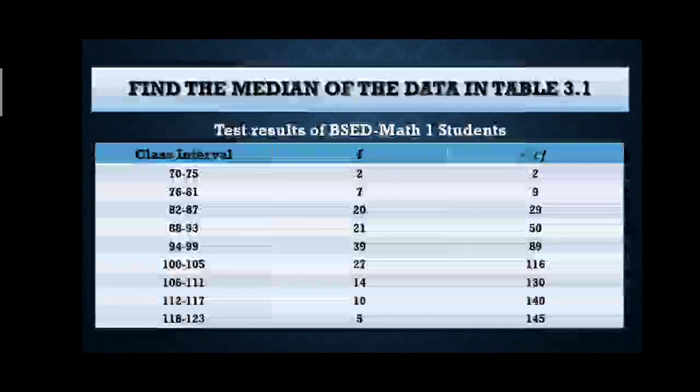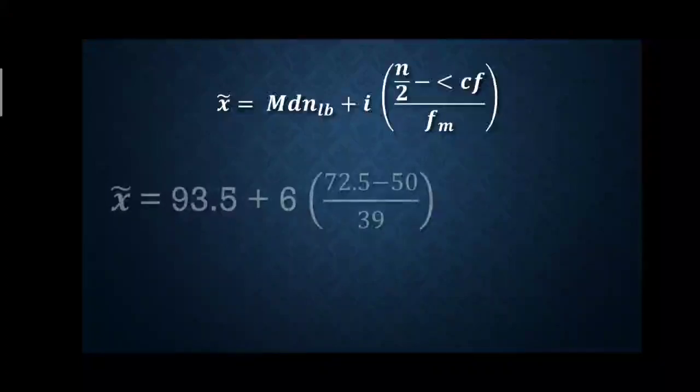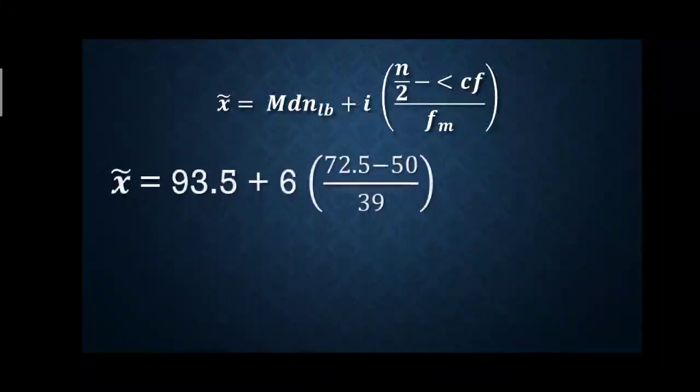Then just subtract 0.5 from the lower class limit, which is 94. 94 minus 0.5 is equal to 93.5. So that's why we have 93.5 as our lower class boundary of the middle class, plus I, which is the interval.